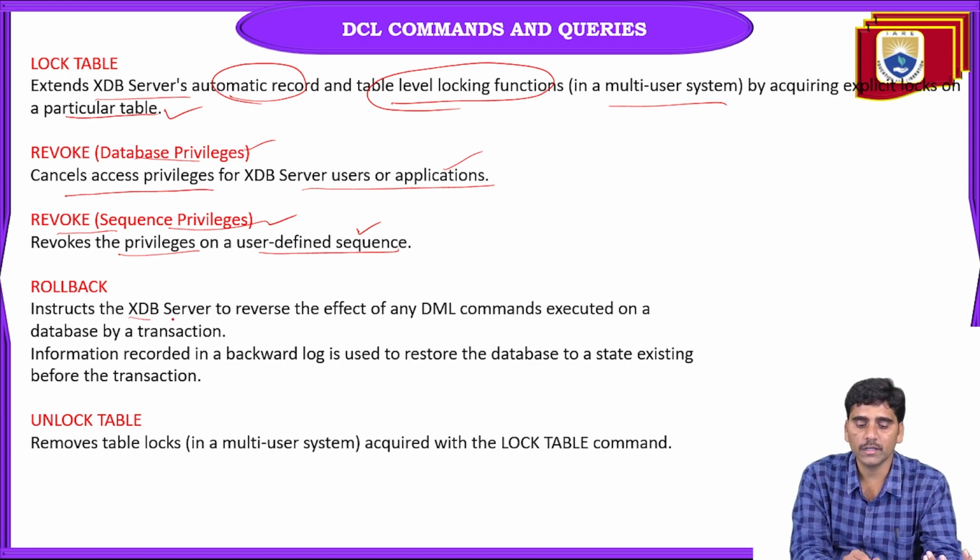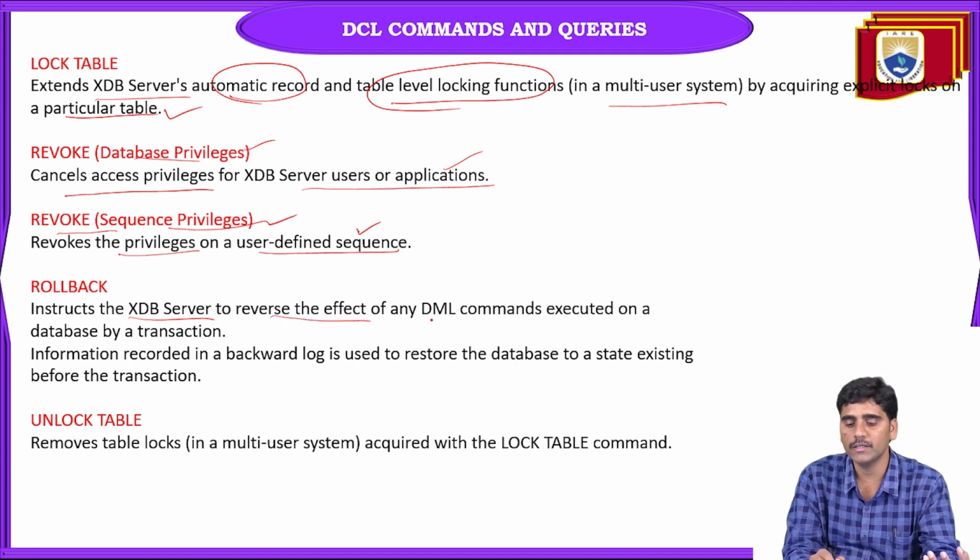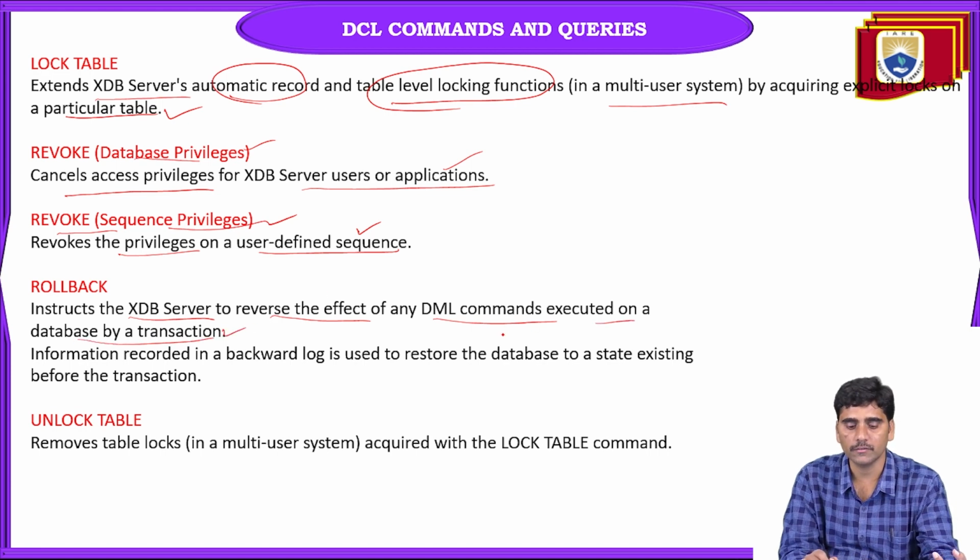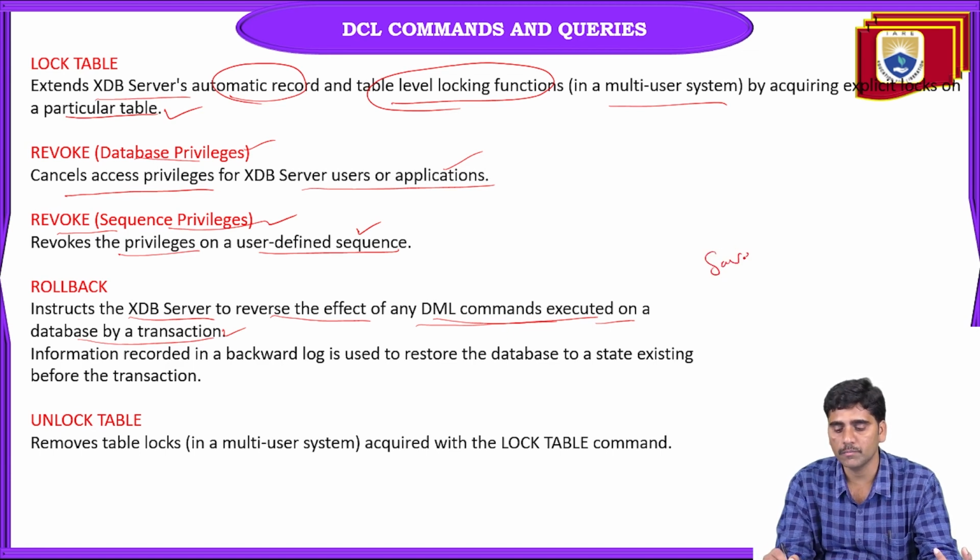The next, rollback. It instructs the database server to reverse the effect of any DML commands executed on a database by a transaction. That means whenever you perform DML commands after starting the transaction, if you have not performed any commit operation, then you can roll back your data by maintaining a save point mechanism.